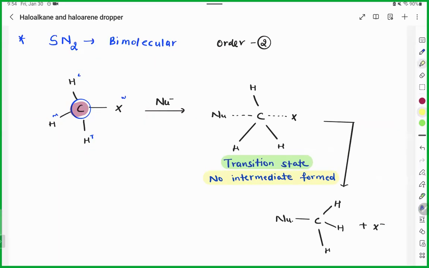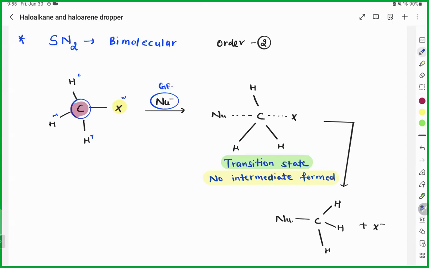So what is happening in this case? We have alkyl halide in which carbon is the husband, has 3 children, Chunnu, Munnu, Tunnu, and a wife, halogen. Now, the nucleophile is like a girlfriend. We know a girlfriend cannot come through the main gate.